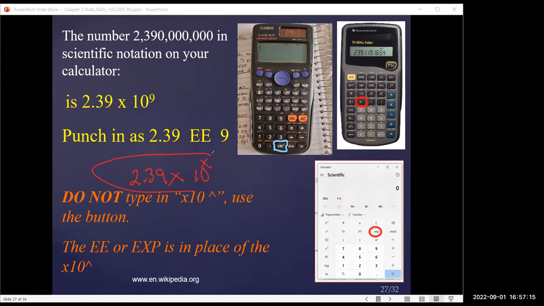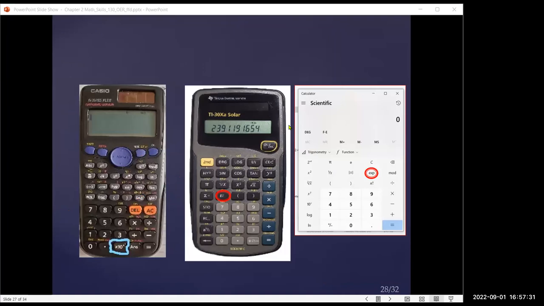That is not scientific notation. You've got to have a button. It's one of those three choices; that's what they're telling you here. Don't do that. It's a totally different number. All right, so that's that picture there.